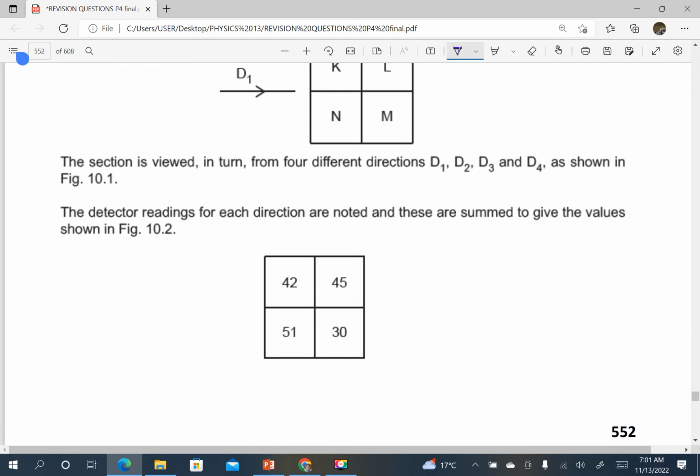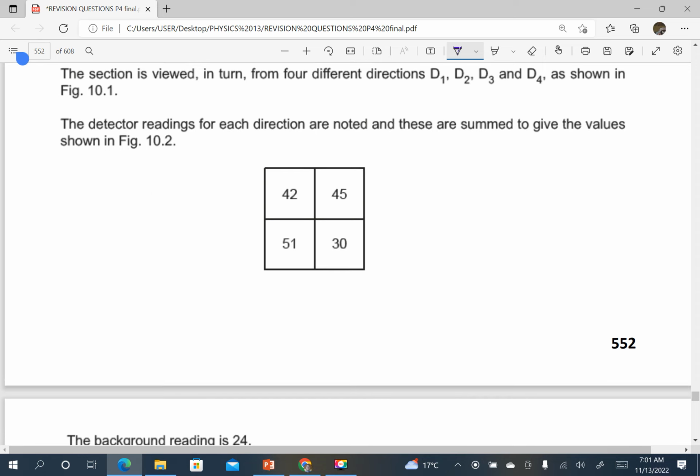The detector readings for each direction are noted, and these are summed to give the values 42, 45, 51, 30. So these are the final sum values. So I'll draw another table here in case we are asked to find the original pixels for K, L, and M.